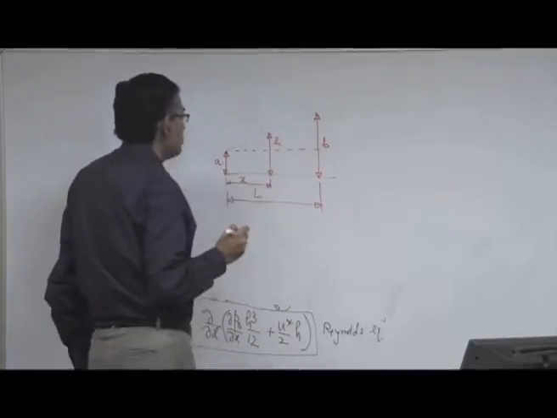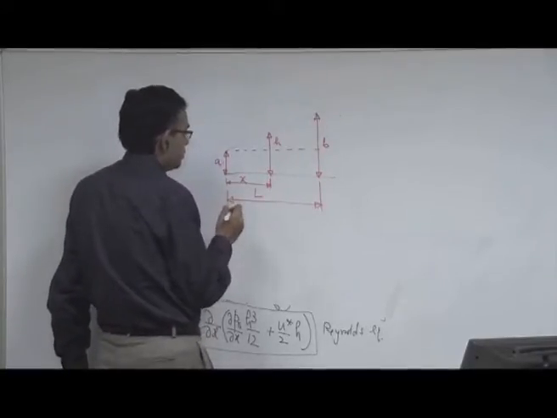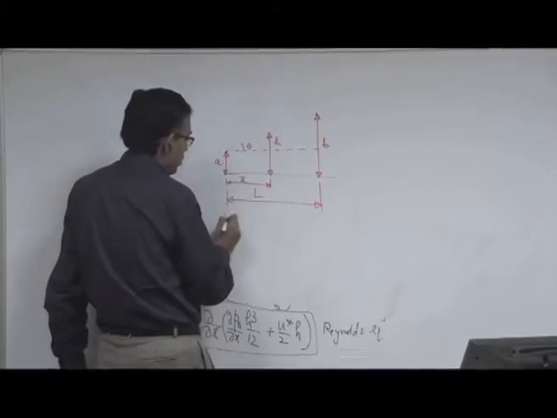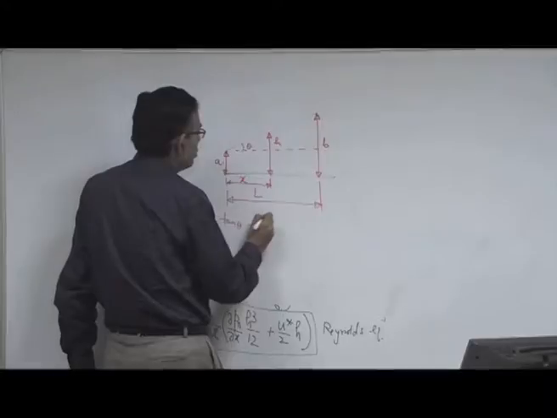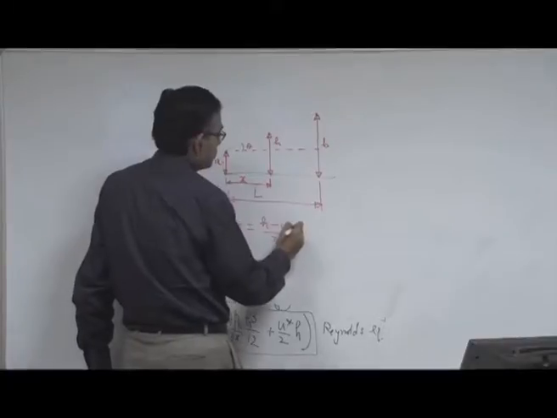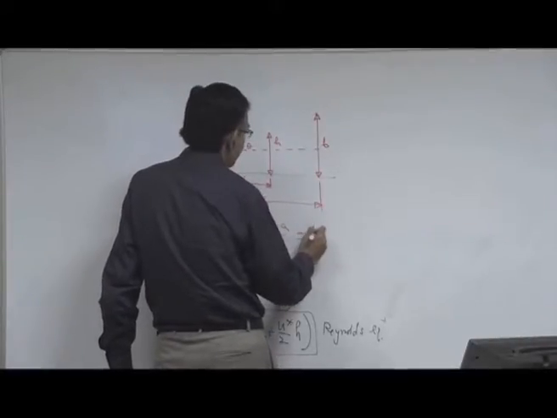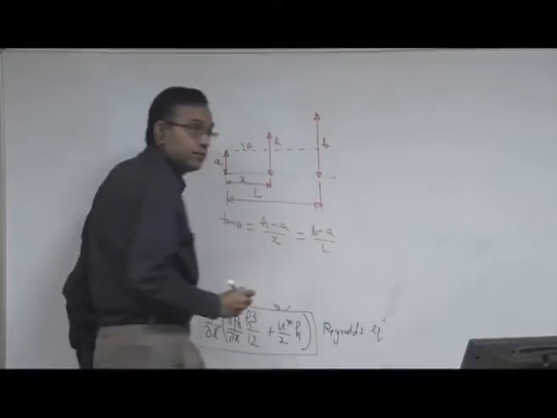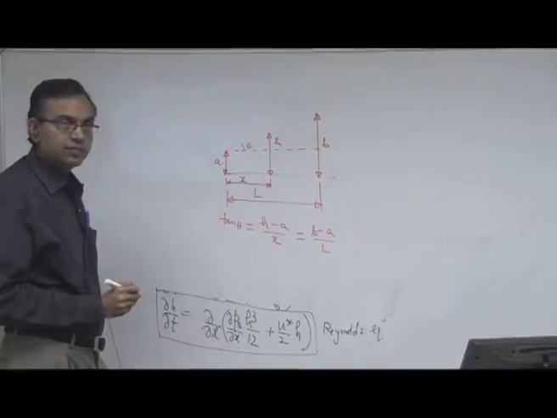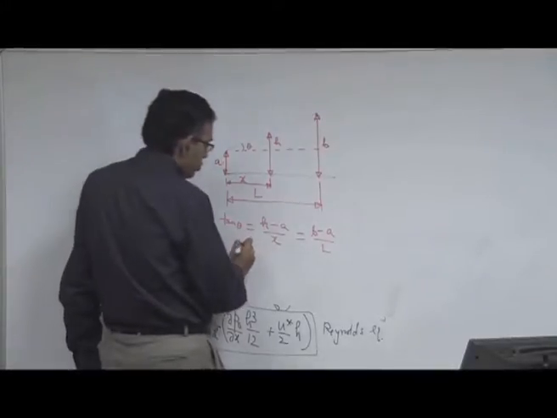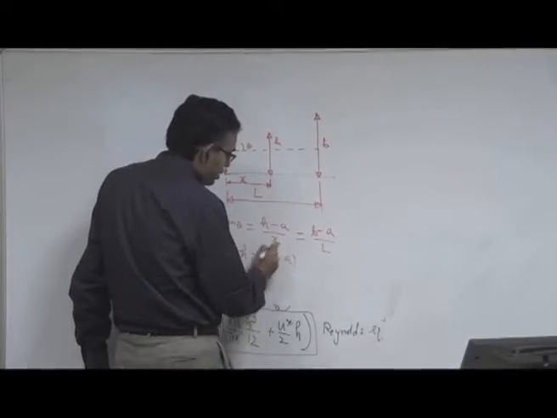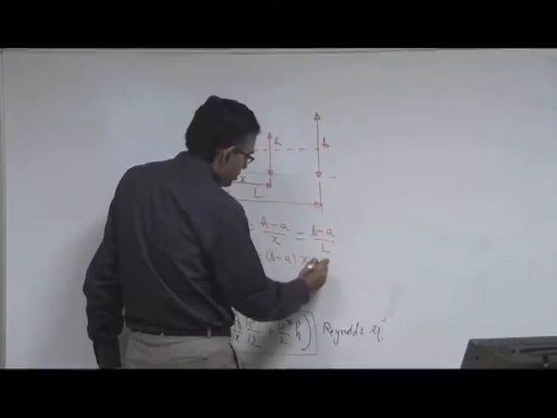This is L. So, if this angle is theta, you can write tan theta is equal to H minus A by x is equal to B minus A by L, right, one from the small triangle, another from the large triangle. So, H is equal to B minus A into x by L plus A.